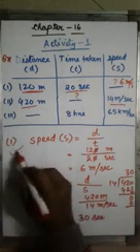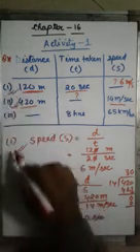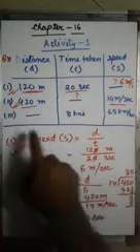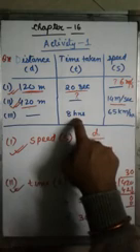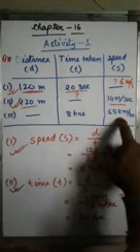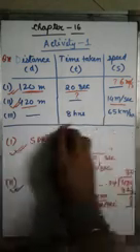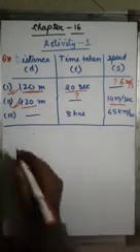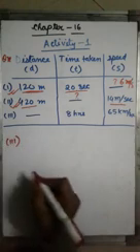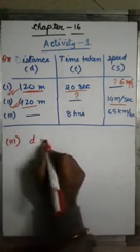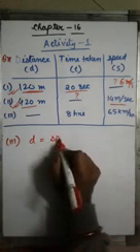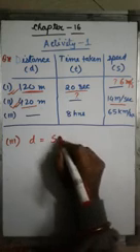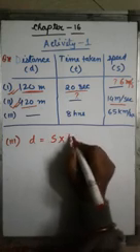So this first and second problems are solved. Number 3, time taken t is given, speed is given, you have to find the distance. So for that, what is the formula? Formula to find d is equal to speed into t.